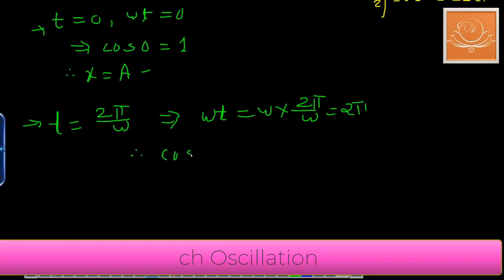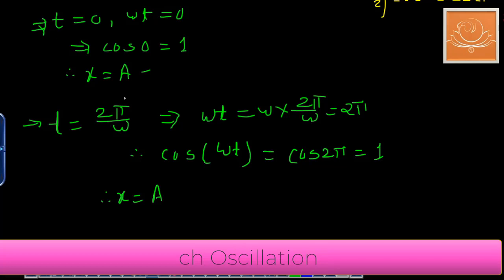Hence, this cos of omega t equal to cos of 2 pi, and cos of 2 pi is nothing but equal to 1. Hence, the displacement equal to a. It is same as that of the displacement at t equal to 0.